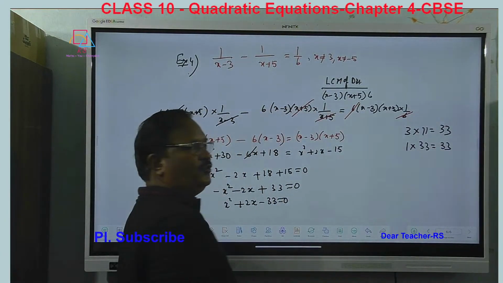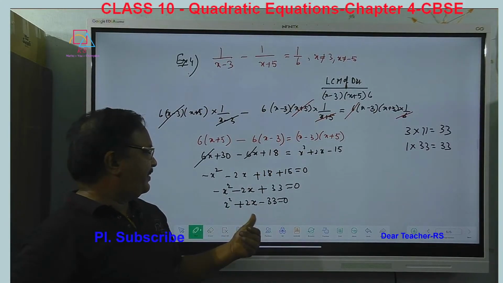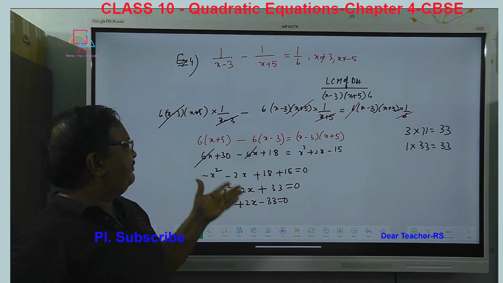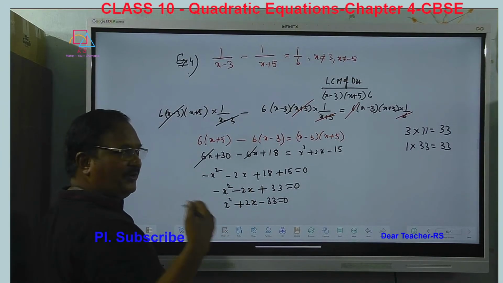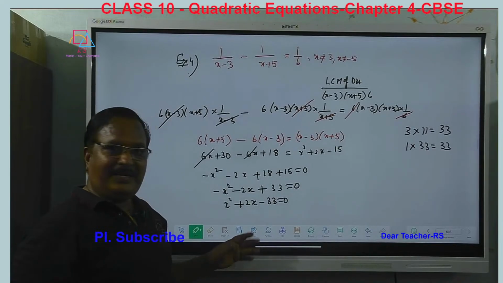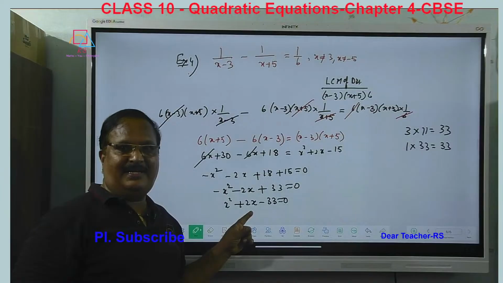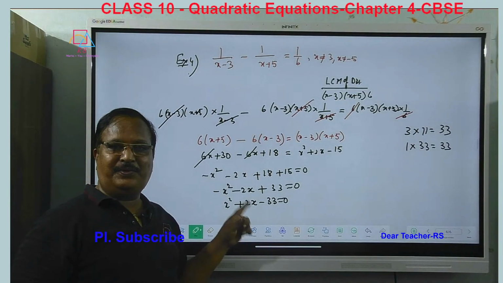If you subtract, you are not getting 2. So then somewhere there is a mistake. You have to identify it, because if there is no mistake, it's not possible to split the middle term and you have to use another method.